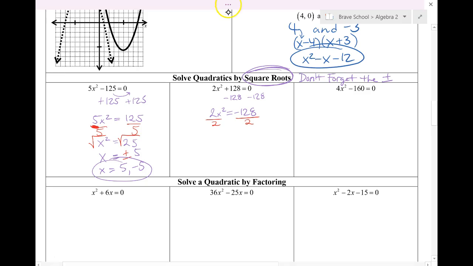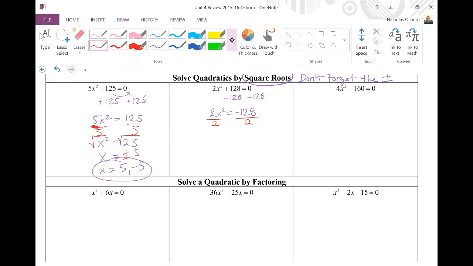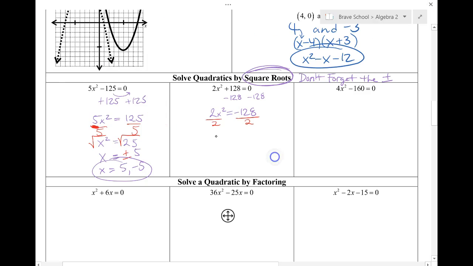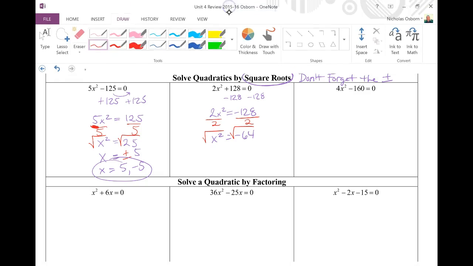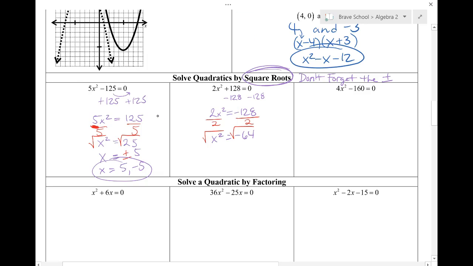So divide both sides by 2. And then we will end up with x squared equals, what is that, 64? So it would be negative 64, because we got a negative there. So now, take the square root of both sides, and you end up with x, not x squared, x equals, remember, plus or minus.